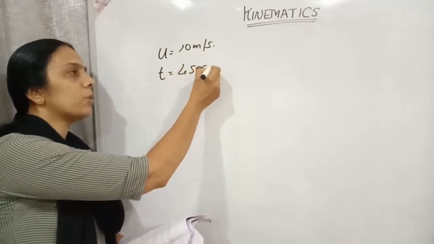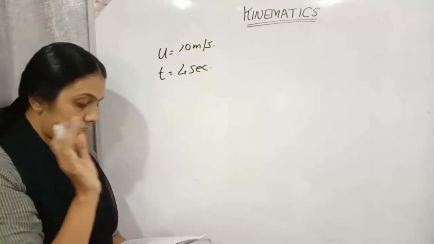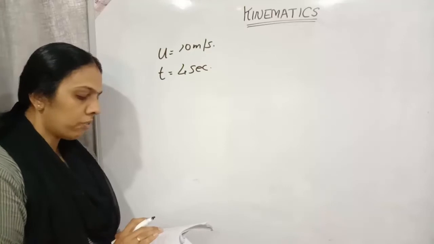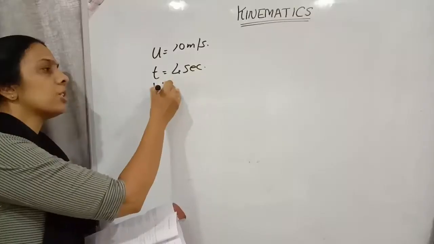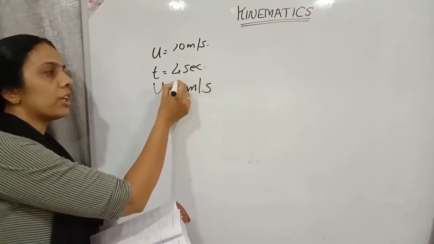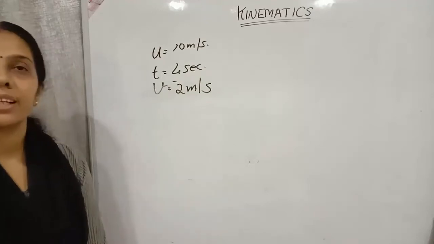It's a constant force, which means acceleration is constant, uniform acceleration, and it gives a speed of 2 meter per second in the opposite direction. Therefore, v is negative. We need to find the acceleration produced.